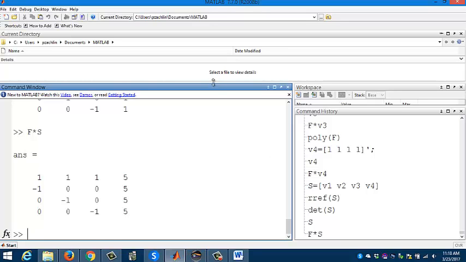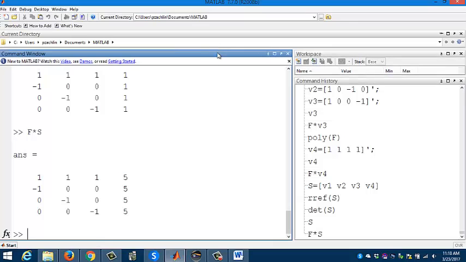What are we trying to do? We want F times S to be the same as S times M. There's S. What would I want M to be? The identity with 5 in the bottom right?